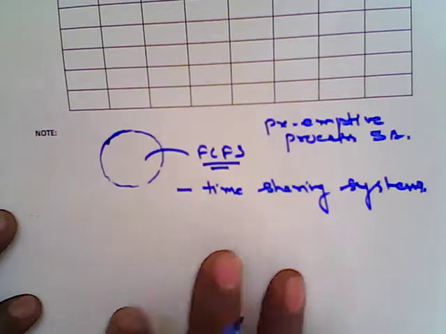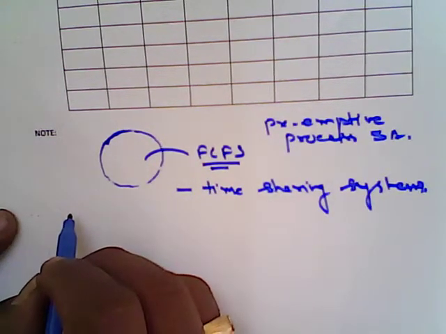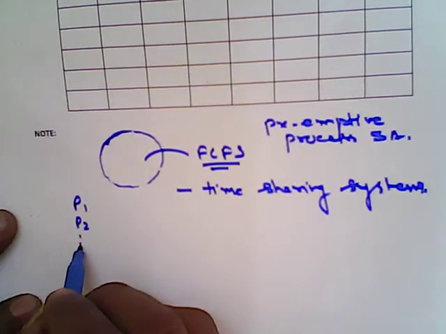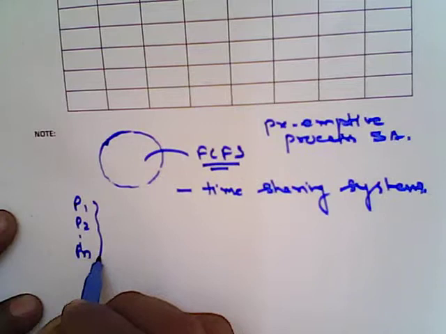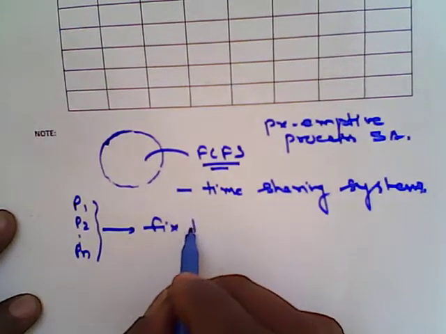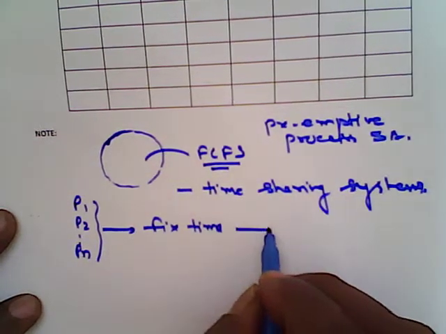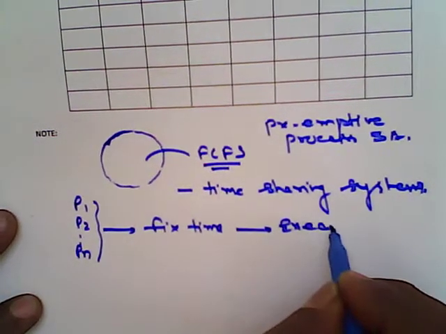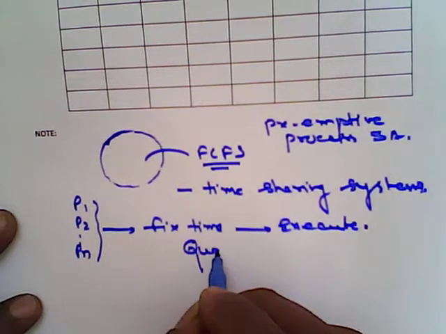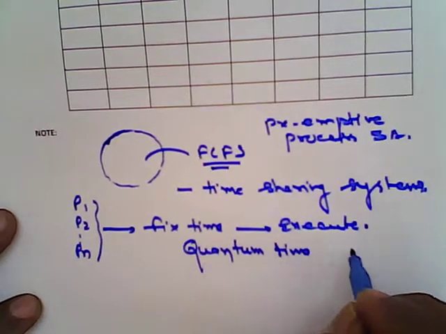Apart from this, another important component is that each process, P1, P2 up to Pn, is provided with a fixed time to execute. Such time is called quantum time, or QT in short.